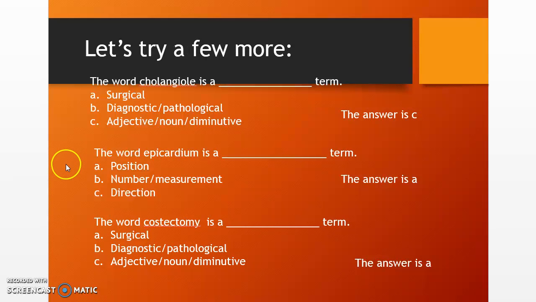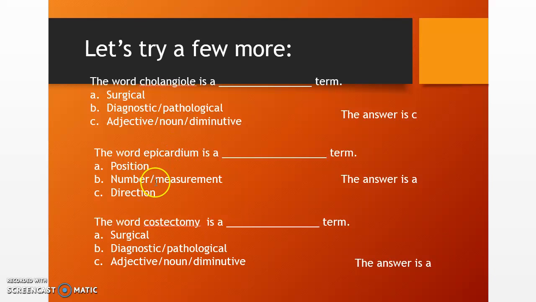A few more, cholangial, right? So here we go, surgical, diagnostic, or adjective. Again, we know these are the suffix categories. We're looking at the suffix, and this is C. This is the descriptive word, okay?